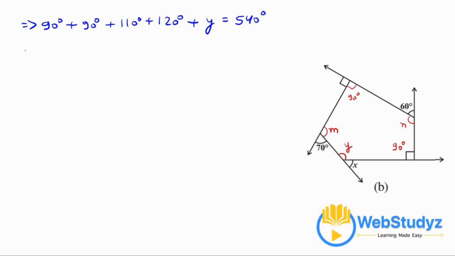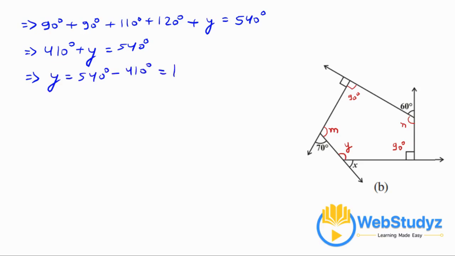So from here we can write that this is 410 degree plus Y should be equal to 540 degree. So from here we can get the value of Y as 540 minus 410, which will give us 130 degree. So we get the value of Y.